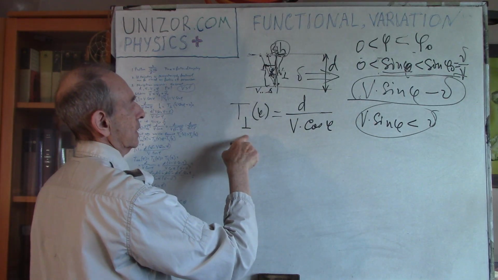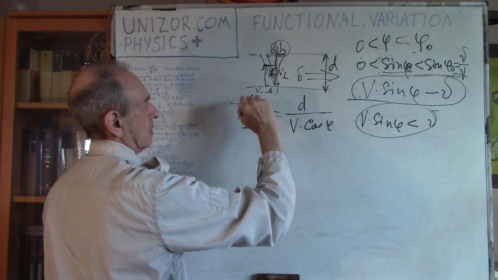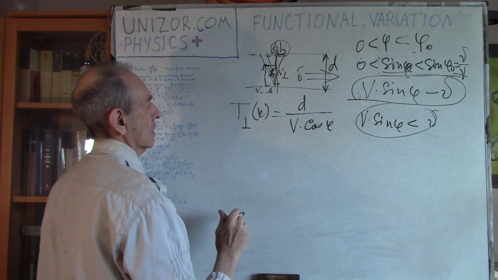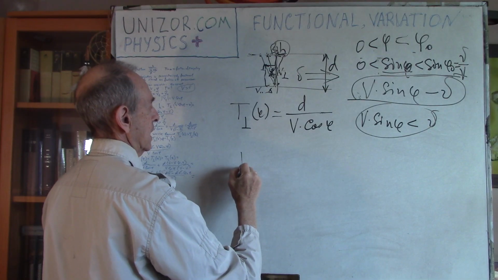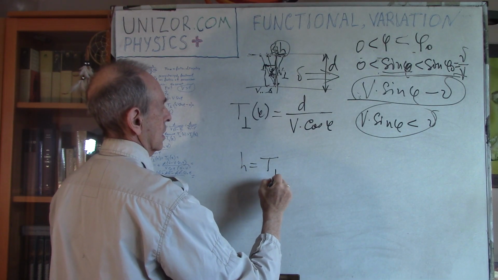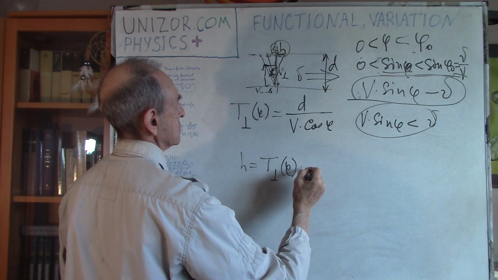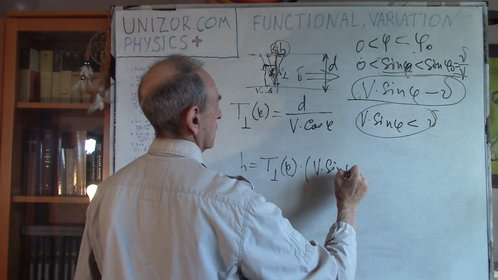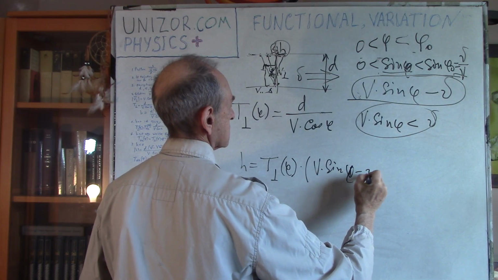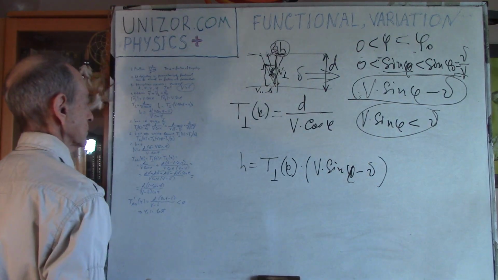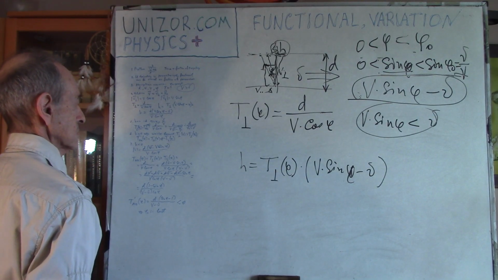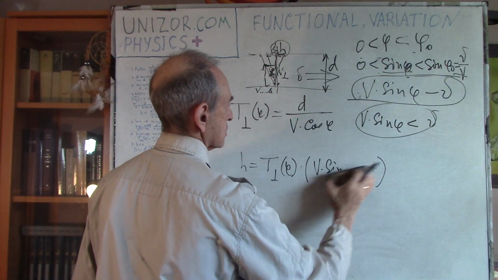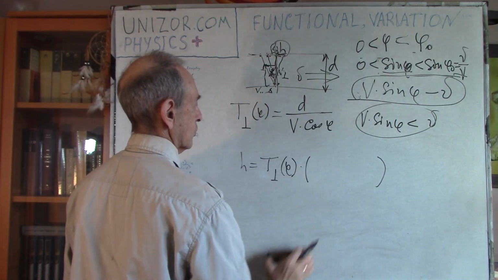So if I multiply the time to cross the river by the speed by which we are moving to the right all the time, I will have h equal to t of phi times v sine phi minus u. Well, because it's negative, let's just do it with a positive thing. This would be easier.